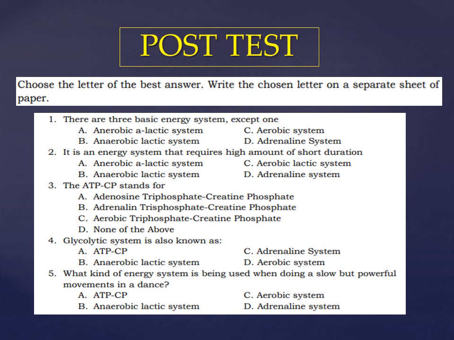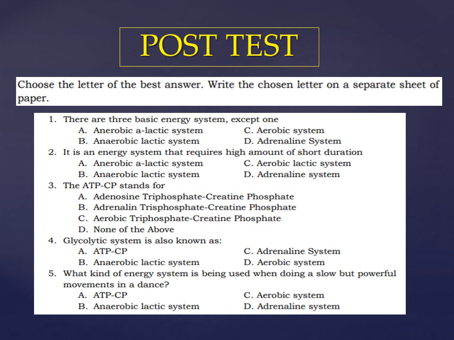3. The ATP-CP stands for A. Adenosine triphosphate creatine phosphate. B. Adrenaline triphosphate creatine phosphate. C. Aerobic triphosphate creatine phosphate. And letter D. None of the above. Number 4. Glycolytic system is also known as A. ATP-CP. B. Anaerobic lactic system.